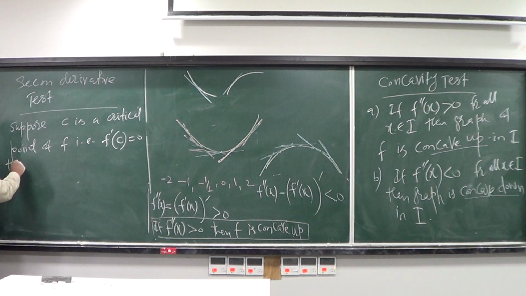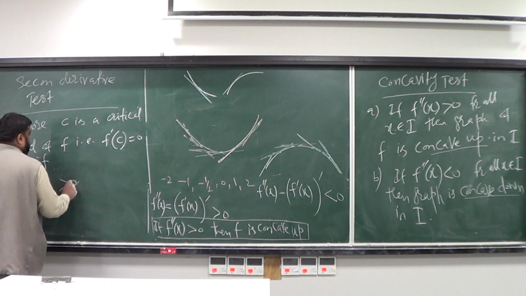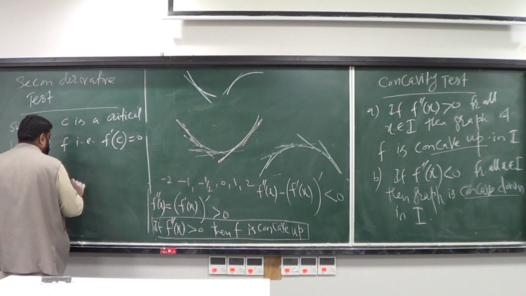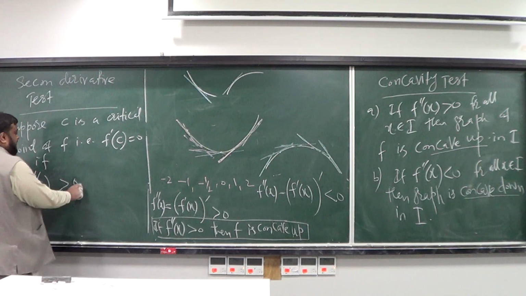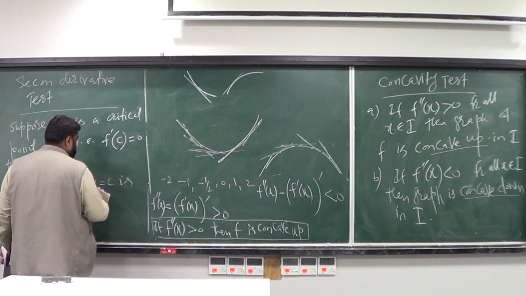Then, number one, if at this critical point the second order derivative is positive, then x equal to c is a minimum.